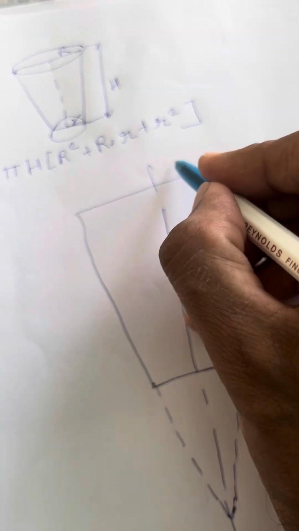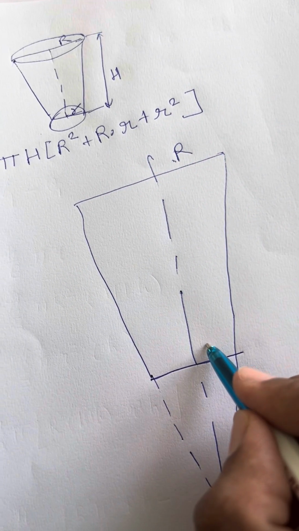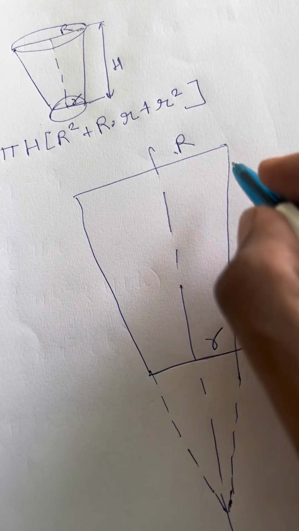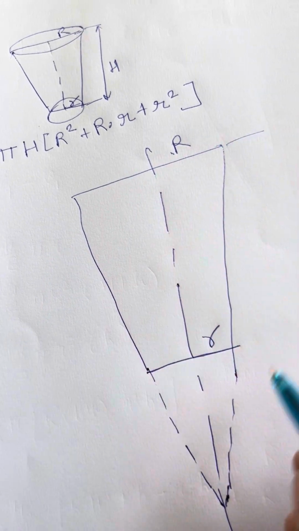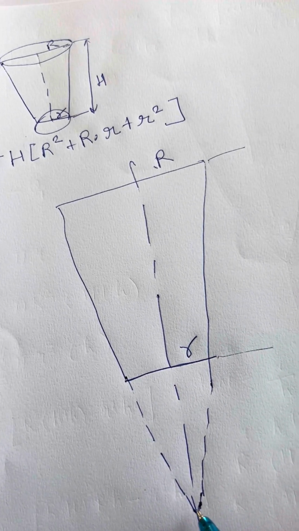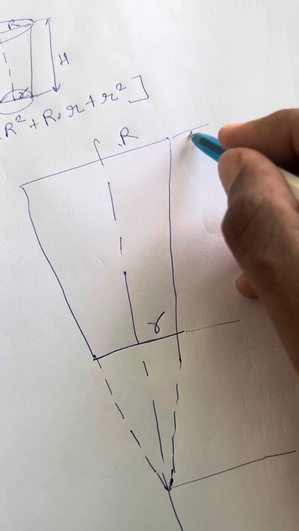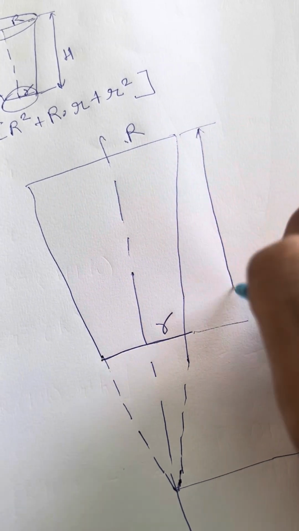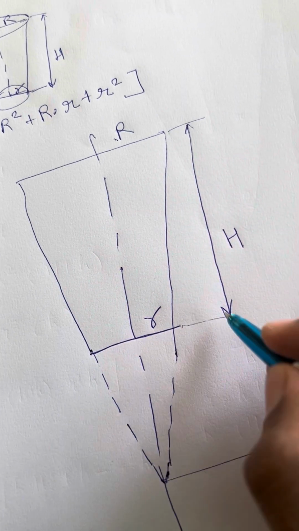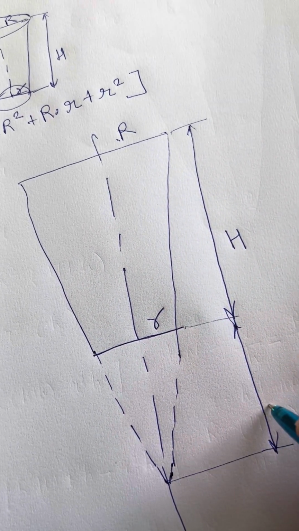This is my larger radius R, this is my small radius denoted with a small r, and I'll have to define the heights. This is H, and let's define this by a small h.